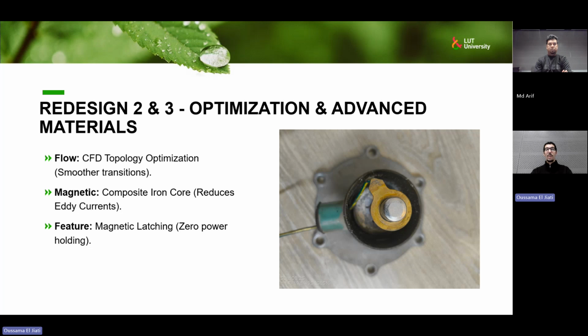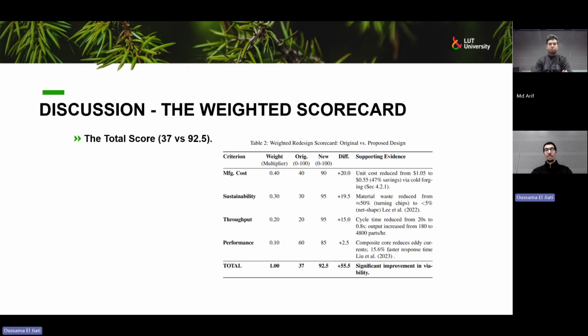And second, for the magnetic circuit, we propose replacing the solid core with a composite iron core, and this will reduce eddy current losses. We also suggest adding a magnetic latching feature, and it will allow the valve to stay open without consuming any electricity, which is a massive energy saver for long-term operation.